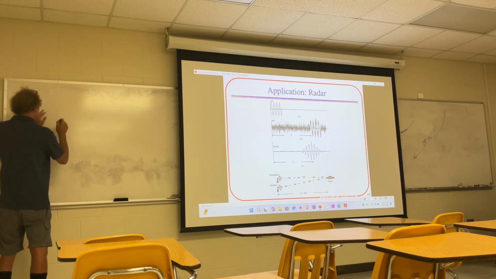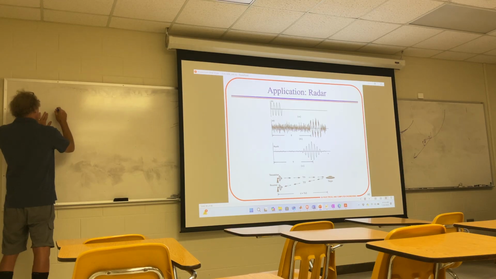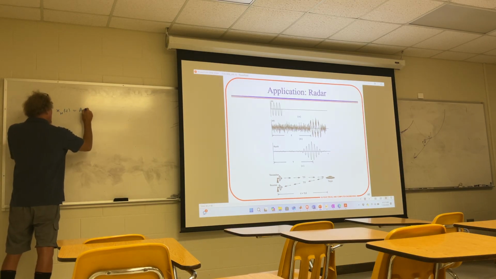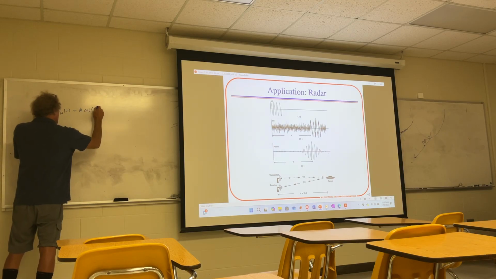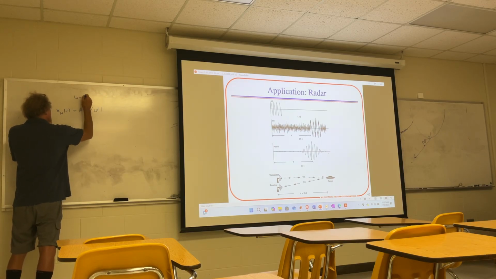So you start with a function, x high frequency of t, equal to some A cosine of omega t, where omega is 2 pi f, call it f naught, of the order of 10 to the 9th hertz. That's gigahertz.